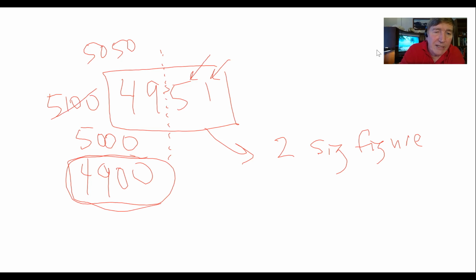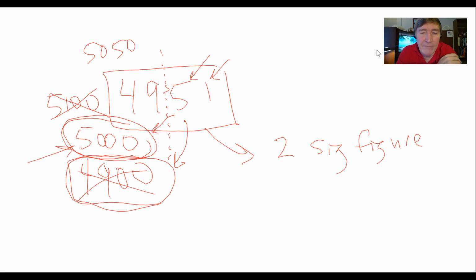The next number up is not 5,100. The next number up is 5,000. Which one is this closer to? Is it closer to 4,900 or 5,000? The answer is not 4,900. The answer is 5,000.